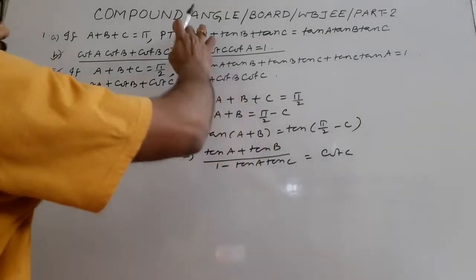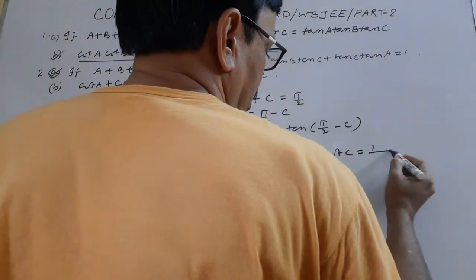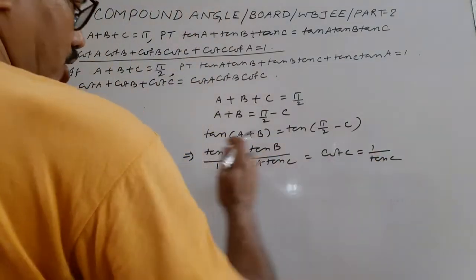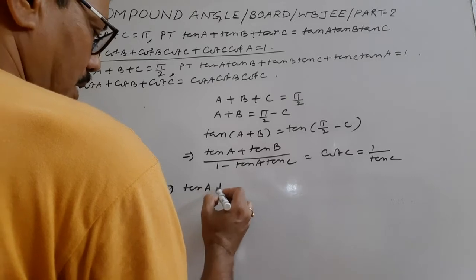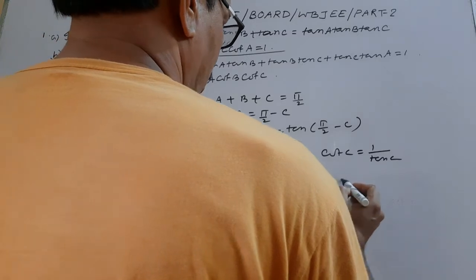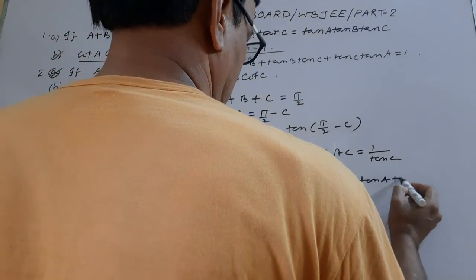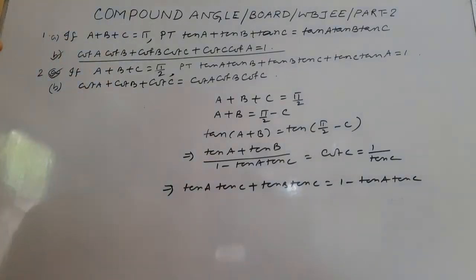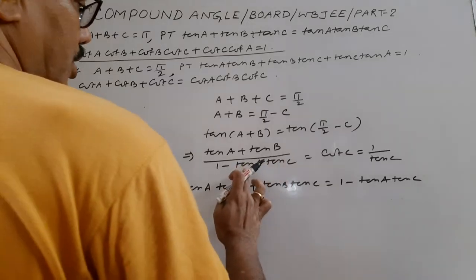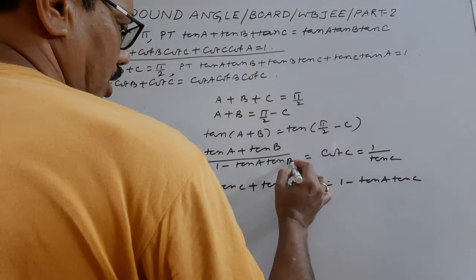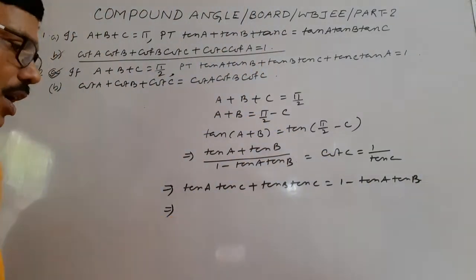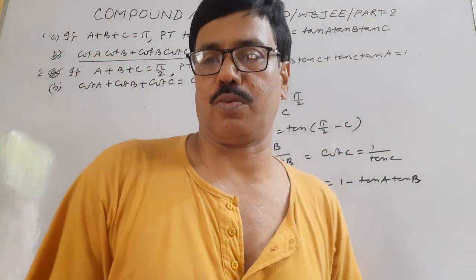Since all the terms are in terms of tan, you write it as 1/tan C. Then cross multiplication: tan A tan C + tan B tan C = 1 − tan A tan B. Now write the result according to the proof.